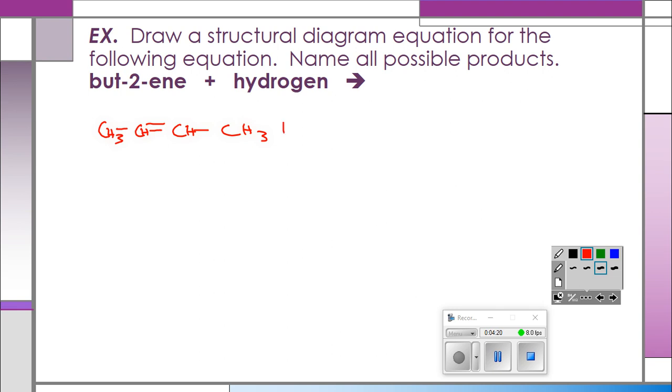I'm going to add hydrogen, which I'll just represent as 2 H's. One of the hydrogen atoms will go and attach to one of the carbons that was in the double bond, and the other hydrogen atom will go and attach itself to the carbon on the other side of the double bond. What do I get?